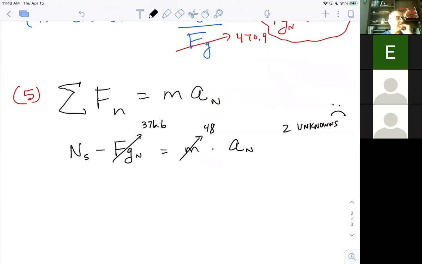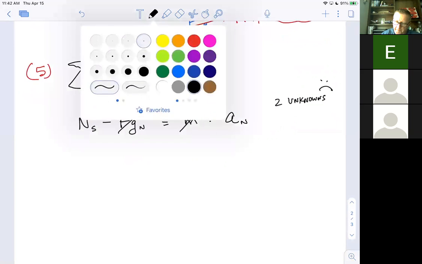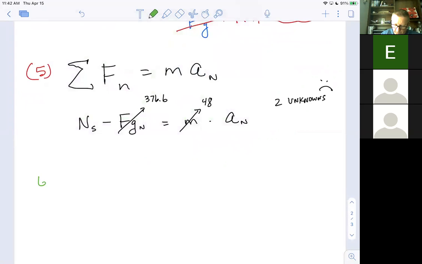Doesn't mean it's wrong. Well, I don't know. Let's just put it off for now. So I'm not sure. Let's go on and do the sum of the forces tangential.